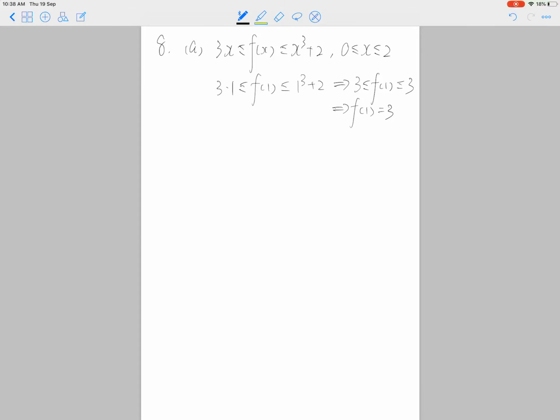Second part, use the Squeeze theorem. For the Squeeze theorem, we need two parts. First part, for this target function, we need to find its upper bound and lower bound function. In this question, it's already given. And second part, the limit of the upper bound and the limit of the lower bound should be the same.